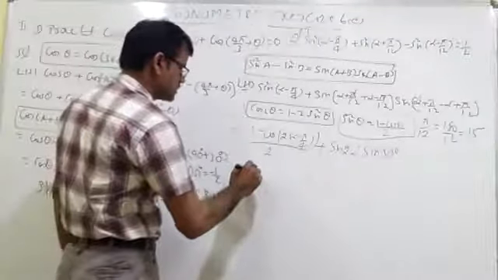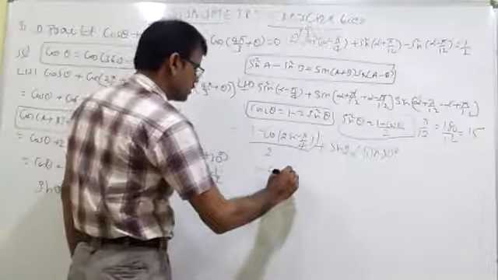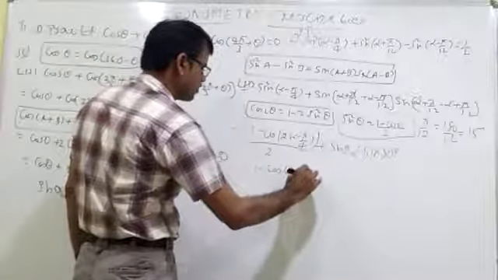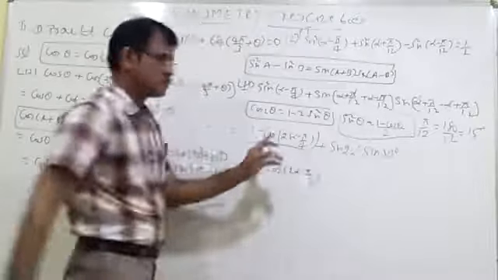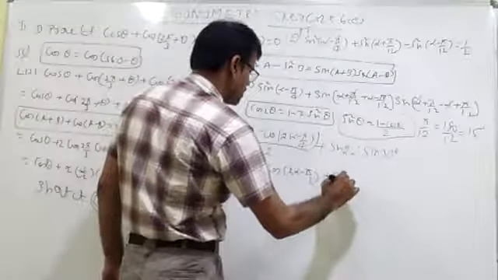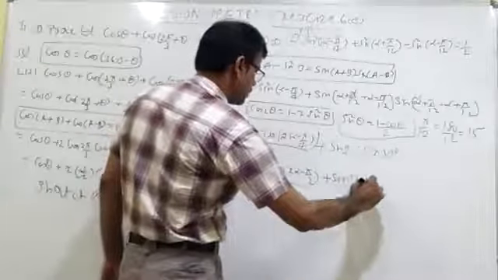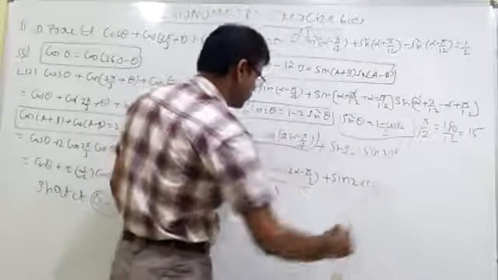That is equal to, next step, 1 minus cos into, you can understand this is 2 alpha minus 2 into pi by 4, plus sin 2 alpha whole by 2, we should write here sin 2 alpha into sin 30 value 1 by 2.